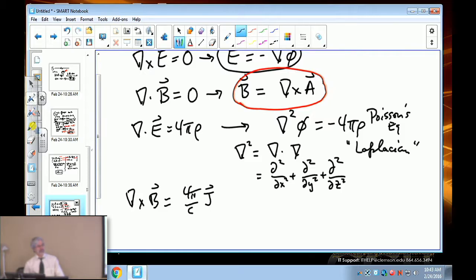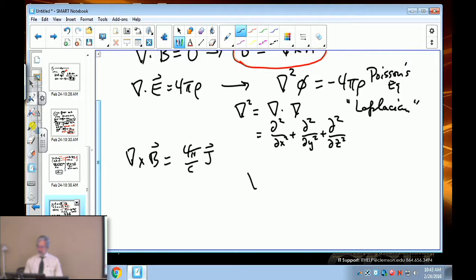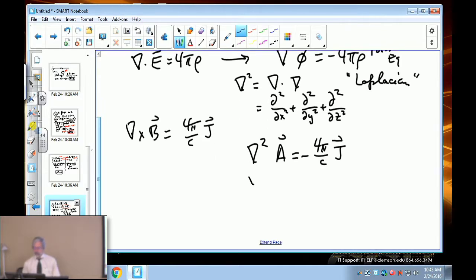It takes a little work to show that that actually simplifies to the Laplacian of A is a negative 4 pi over c times J, like that, which is a funny looking equation. If you're not used to working with Laplacians, that's kind of a funny looking equation. It's actually 3 different equations. You could write it for each component of A like that.